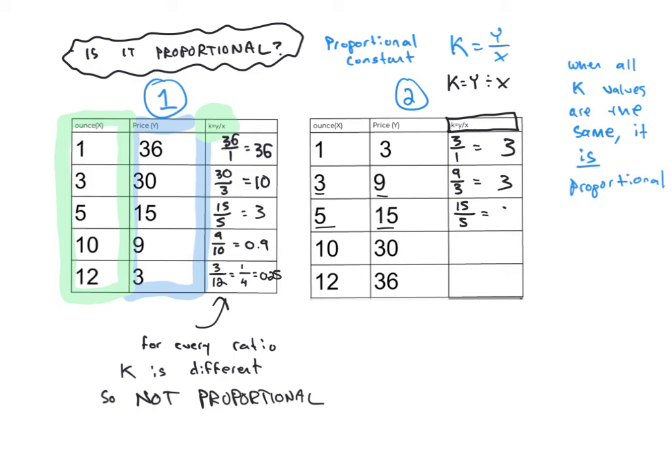That equals 3. And we have 30 divided by 10, our y divided by our x. That equals 3. And then once again, our y divided by our x. So 36 divided by 12. That equals 3.